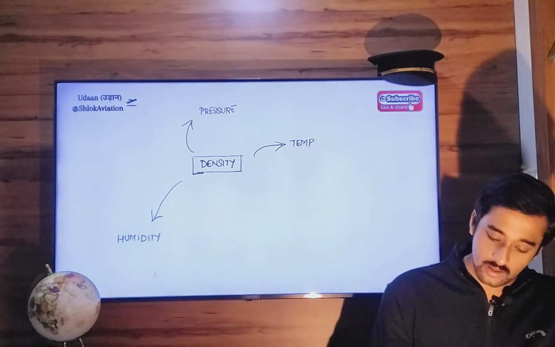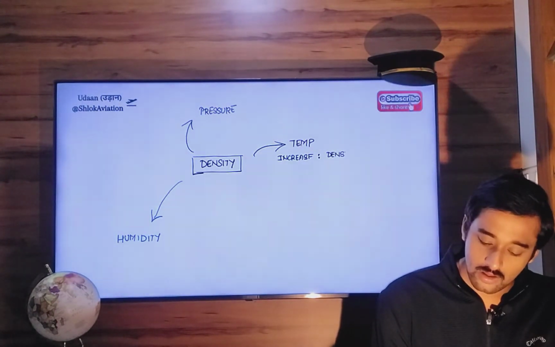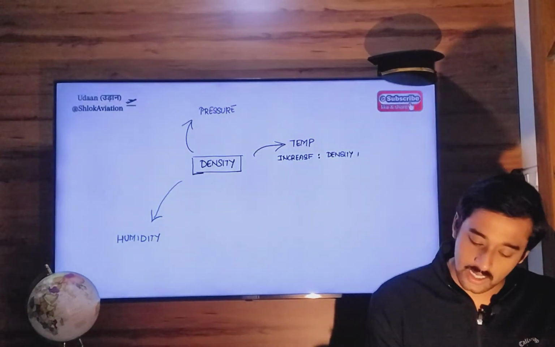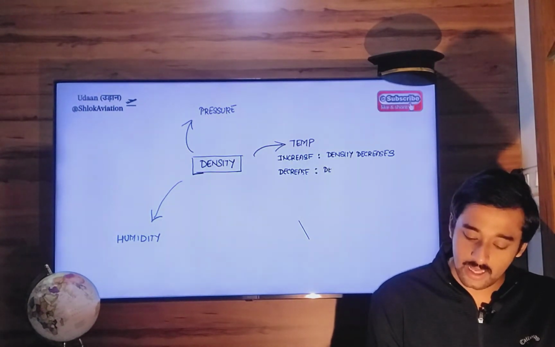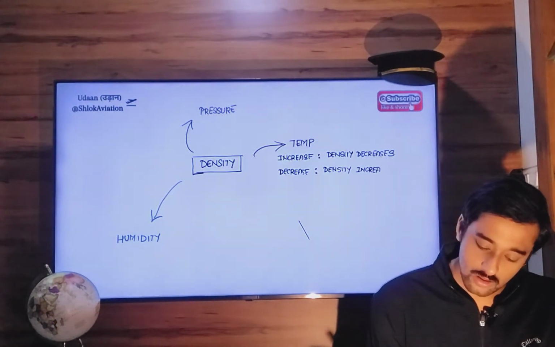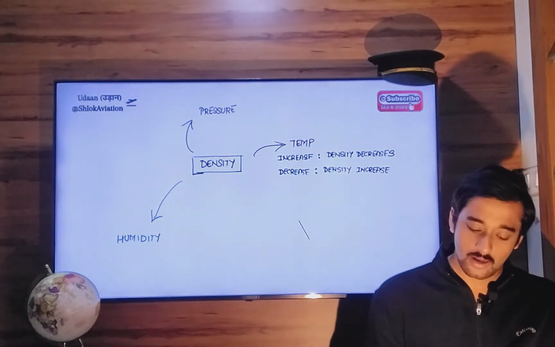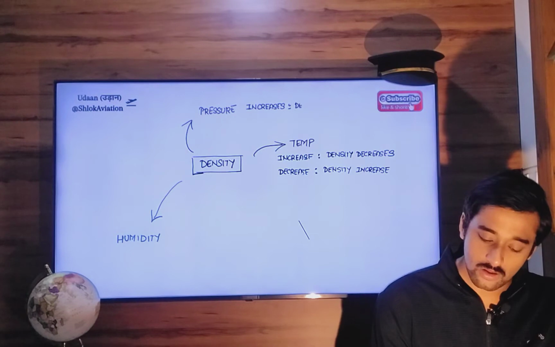Now an increase in temperature will cause a decrease in density. The air becomes thinner, so density decreases. If temperature decreases, if temperature becomes cold, density of air will increase. Pressure. If pressure increases, density will increase.